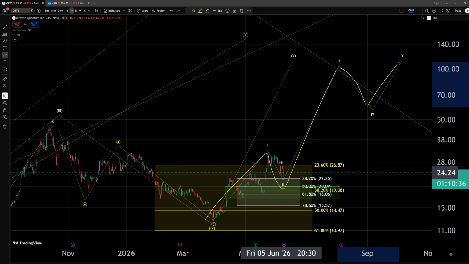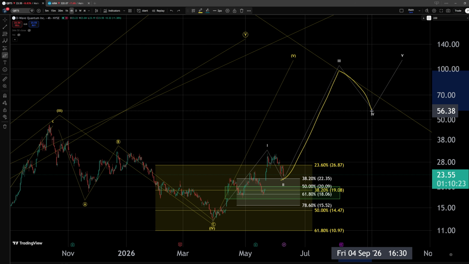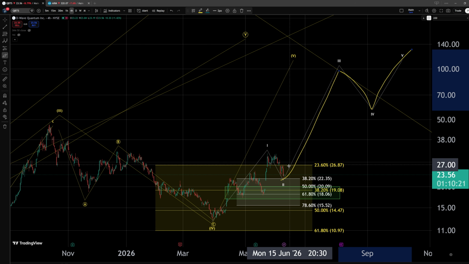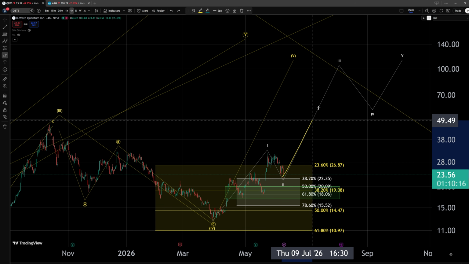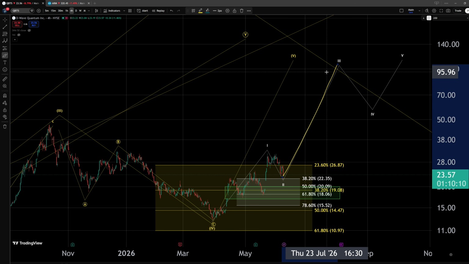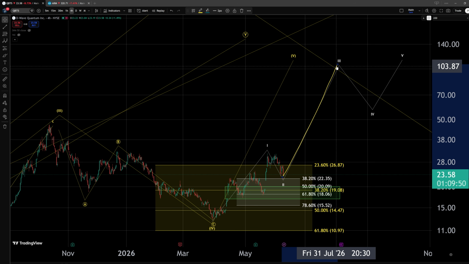And depending on how the next wave to the upside develops, which we expect in both scenarios, we would get a better idea of whether we can expect a wave 4 correction and a wave 5 to follow once we have a more substantial top within this next wave to the upside. The larger context as to why this is the case on this chart has been explained several times in the past. Let me know if you actually want to have this covered in the next update for this stock, but today we will focus on the smaller time frame.